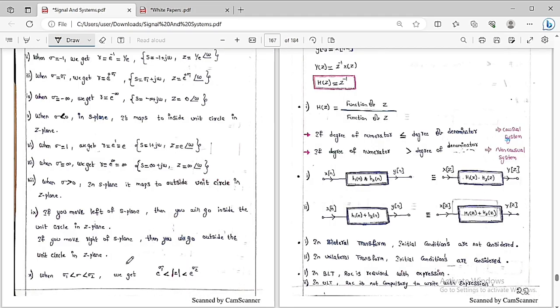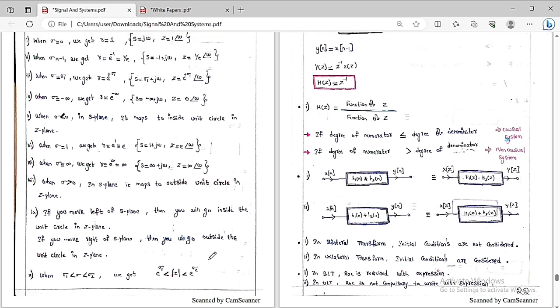The next thing is, when sigma is lying from sigma 1 to sigma 2, then what is the mod z we are going to get? Mod z is nothing but r, and r is equal to e to the power of sigma. So e to the power of sigma 1 to e to the power of sigma 2. As sigma 1 is lesser than sigma 2, e to the power of sigma 1 is also lesser than e to the power of sigma 2.